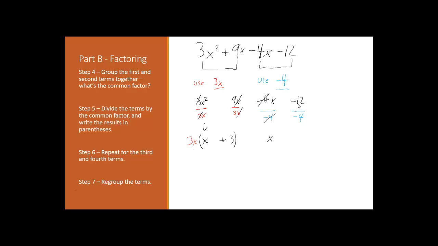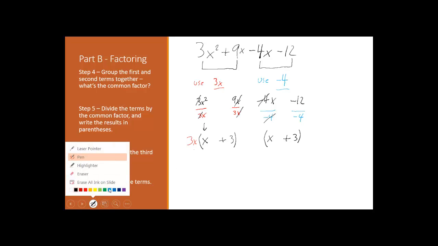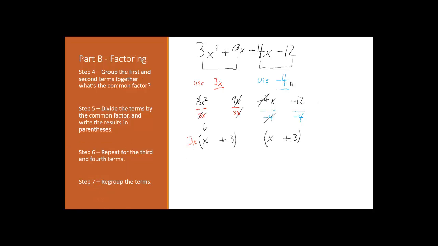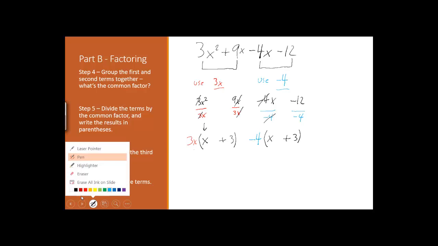For the fourth term, negative 12 over negative 4 gives us a positive 3. Again, we place those terms in parentheses, and outside the parentheses, we write our common factor, minus 4. Well, we're almost there now.